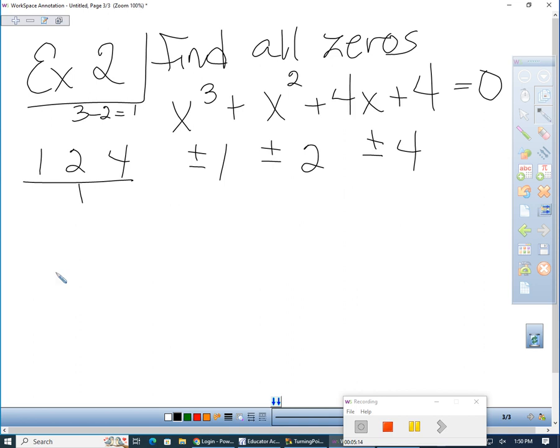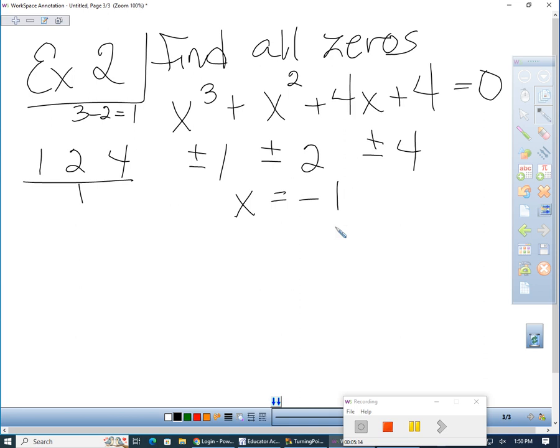That's an actual 0. Please graph. Or you can plug all 6 in, but I think you'd rather graph. You're going to tell me what x equals. Negative 1.